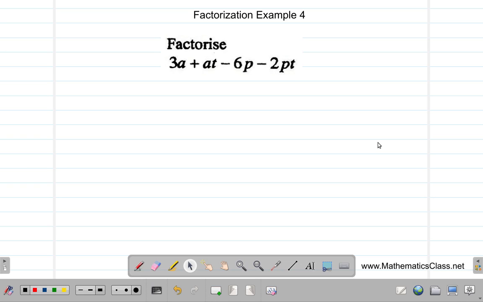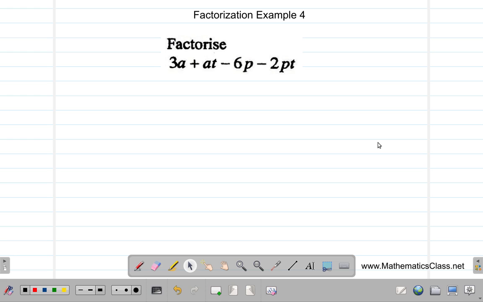Factorization, example 4. Alright people, we're going to factorize this question taken from a CSEC mathematics past paper. 3a plus at minus 6p minus 2pt.